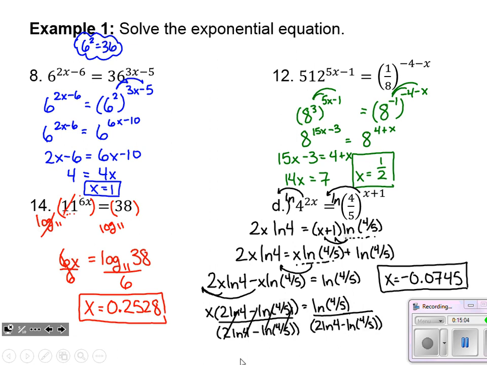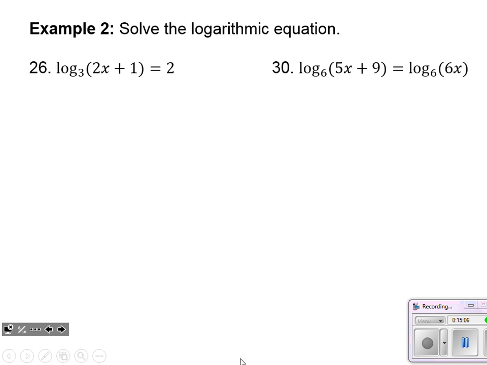All right, moving along. Now we've got logarithmic equations. So for number 26, I just want to see, okay, do I have some logarithmic terms in that equation or all logarithmic terms? And in 26, you can see I've got one log and a regular number. Okay. Well, my procedure there when some of the terms are logarithms is to isolate the logs.